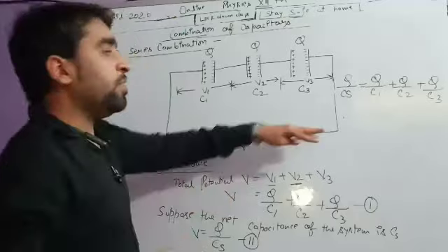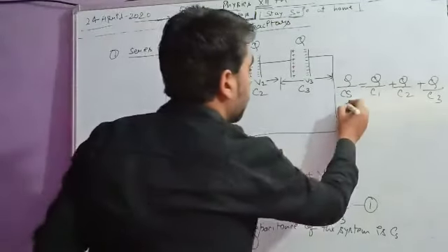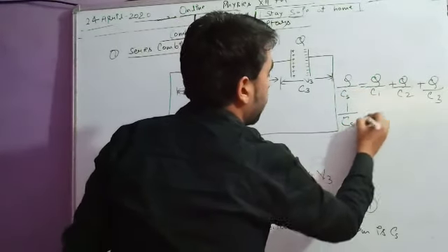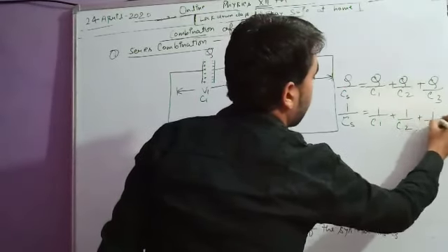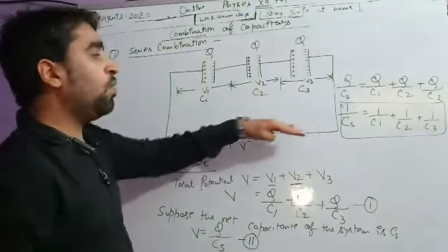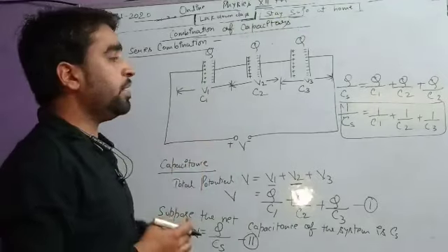As you can see, Q is common in all these terms, so Q will be cancelled out and you will get CS, where S is in the suffix, such that 1 upon CS is equal to 1 upon C1 plus 1 upon C2 plus 1 upon C3. This is how capacitors behave when you arrange them in series.